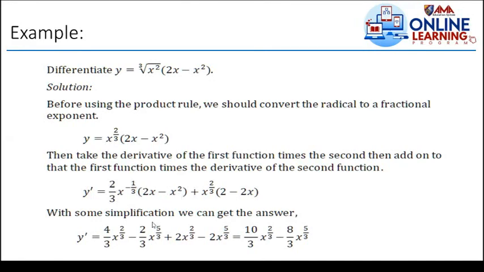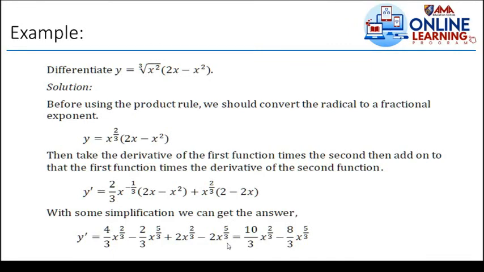So, 2 times 1 is 2, so we still have 2/3. x raised to negative 1/3 plus 2, so we have 5 all over 3. Plus x raised to 2/3 multiplied by 2x, so we have 2x, 2/3 plus 1. So this becomes 5 all over 3. So, let's simplify it further.